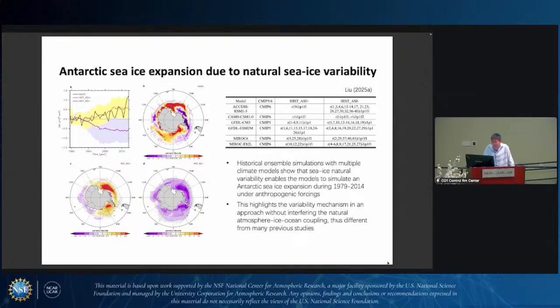This highlights that if we only consider the variability mechanism, it could be possible that the natural variability of Antarctic sea ice on decadal time scales can simulate the expanded Antarctic sea ice during this period. So this is very different from the previous mechanism, because we don't need any interference between the ocean, sea ice, and also the atmosphere.